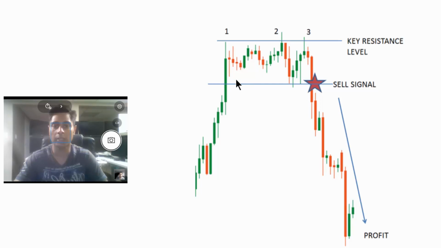And when price starts to trade below this neckline here, that's when we will get in the sell trade, and we are expecting the price to move all the way down to fill up this open spike on the left side. So these are my favorite very high probability reversal patterns to trade the forex market.